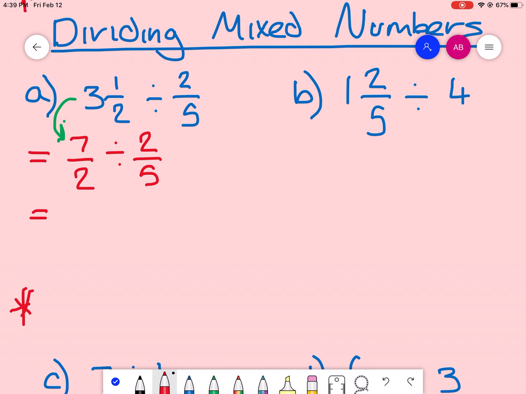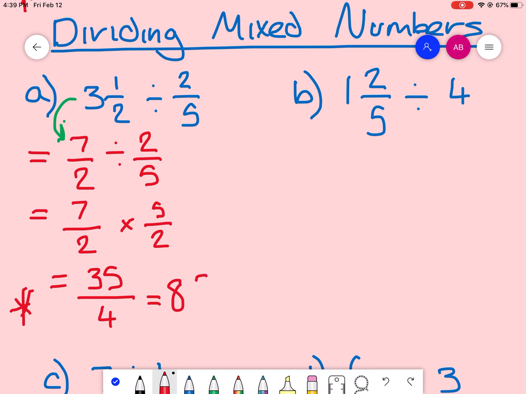Next we apply the fractions division: keep the first fraction, change the divide to a multiply, and flip the second fraction. 7 times 5 gives me 35, and 2 times 2 gives me 4. Change to a mixed number: 4 goes into 35 8 times with a remainder of 3 over 4.